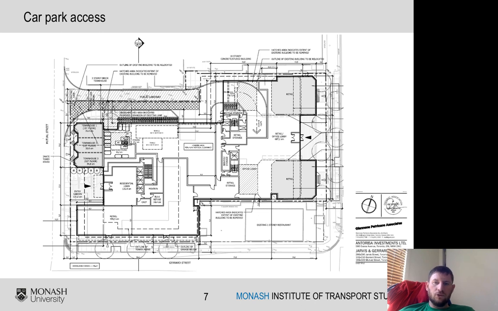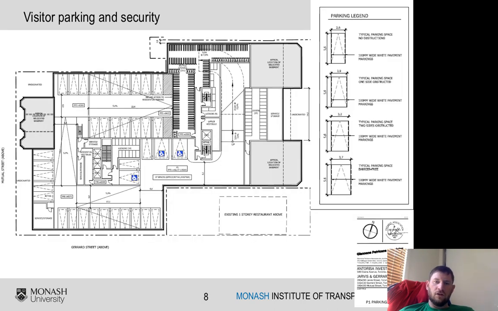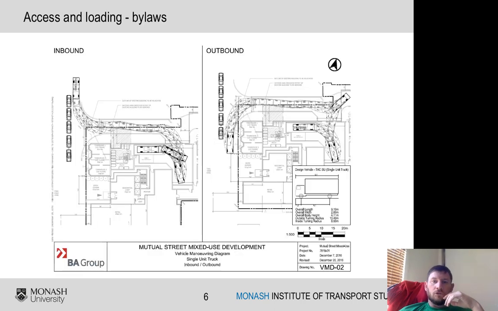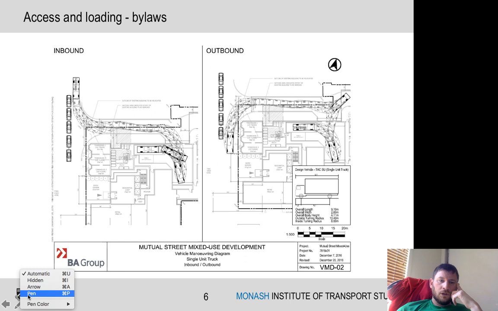These are all things that you would need to think about as a traffic engineer on this site, in conjunction with the architect. So there's going to be a lot of back and forth between your design team and the architect's design team. And a lot of these things are actually going to be driven by the larger scale building issues. So particularly the loading areas, all of this space here is going to have to be free of any columns.